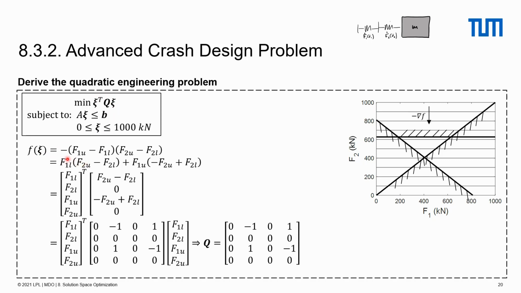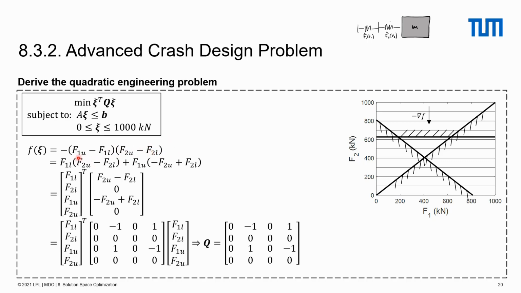We can start with the formula for F. It is minus F1U minus F1L times F2U minus F2L, and we can expand it in one step. It comes to F1L times bracket F2U minus F2L.